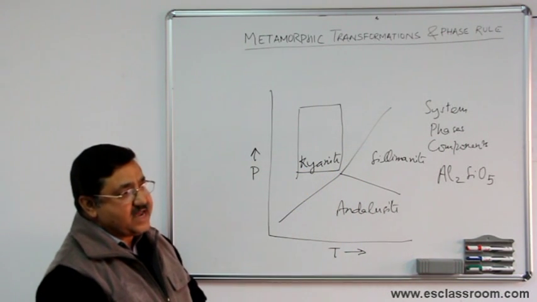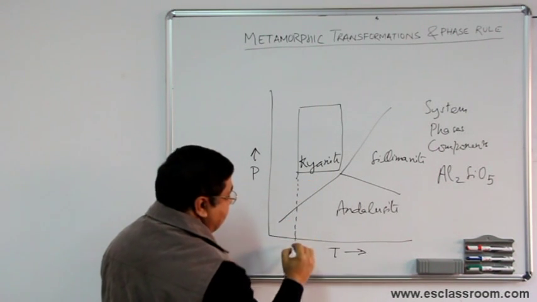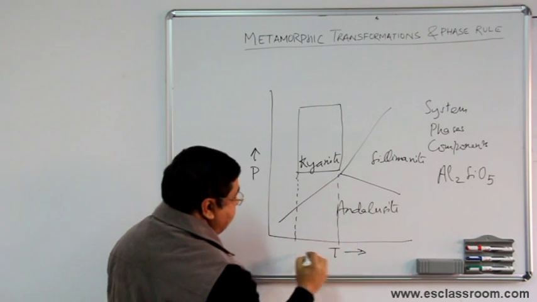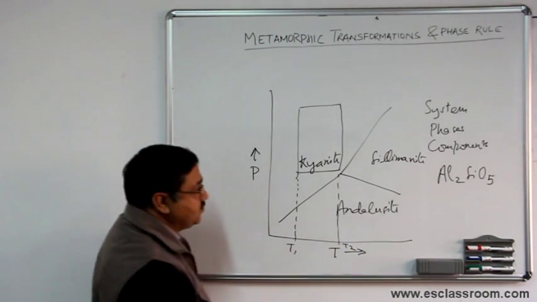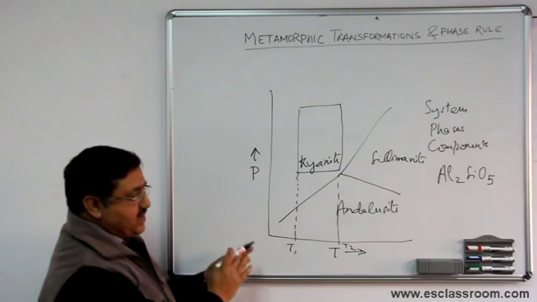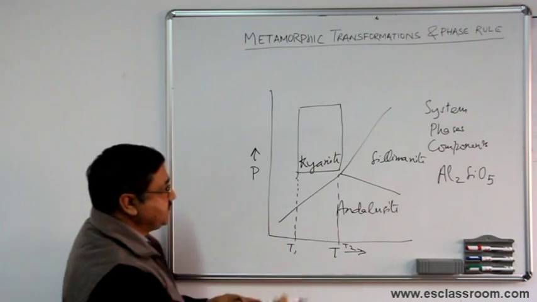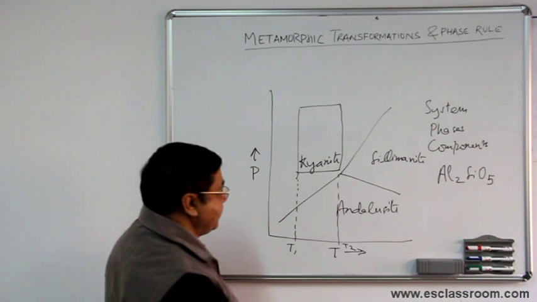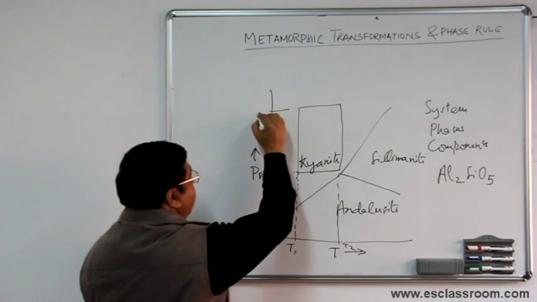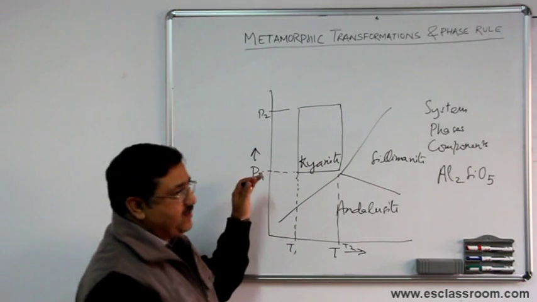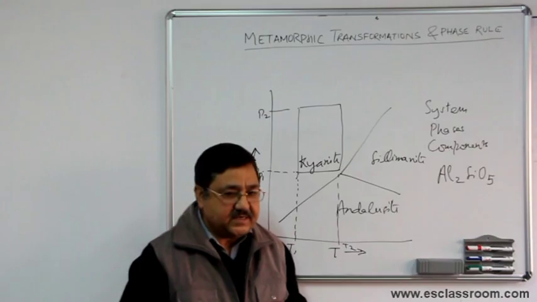Now this area in the field of kyanite is defined by boundaries of temperature, which I am naming as T1 and T2. The T1 is lower temperature as the temperature increases away from this origin, and T2 is higher temperature, and similarly P1 and P2 pressure, where P1 is lower pressure and P2 is higher pressure.